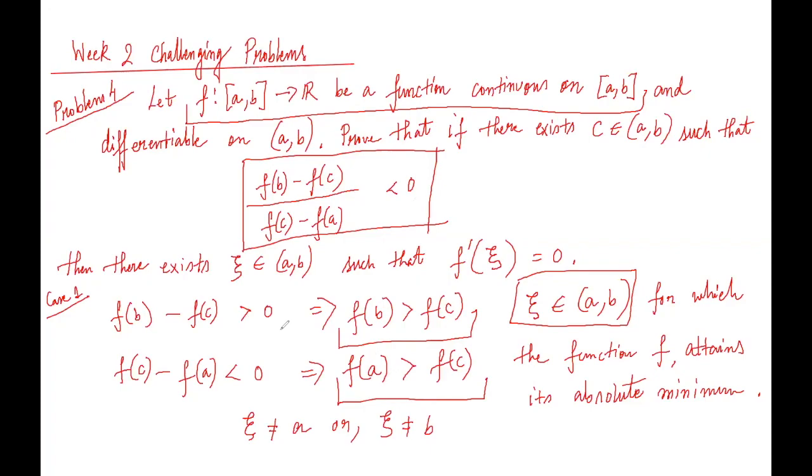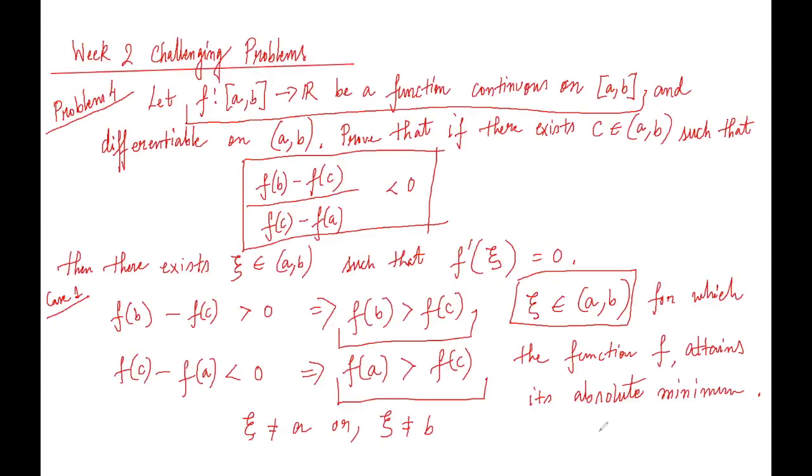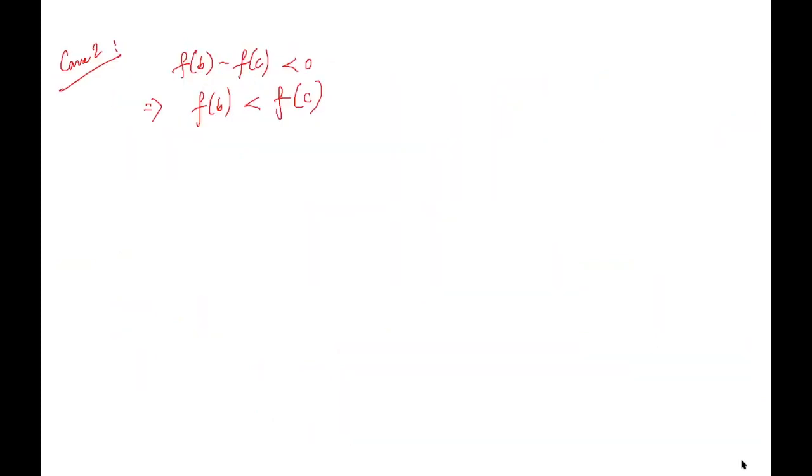Now coming to case 2, what we'll be having is that we'll be taking the numerator to be negative, and so we have f of b minus f of c is negative, which implies that f of b is lesser than f of c, and this implies that our denominator has to be a positive quantity.